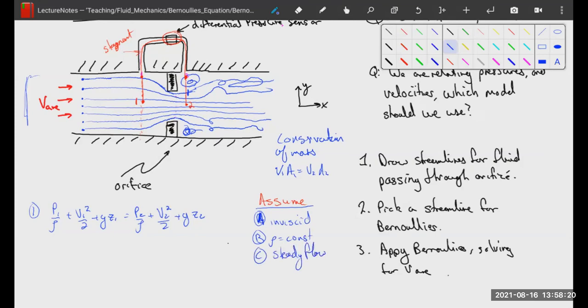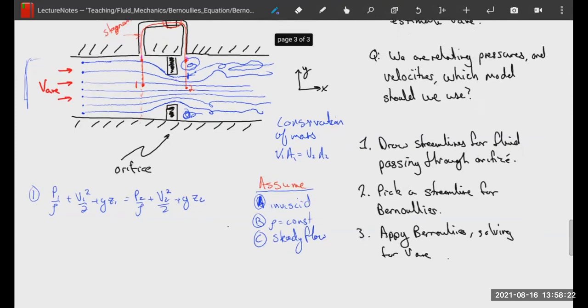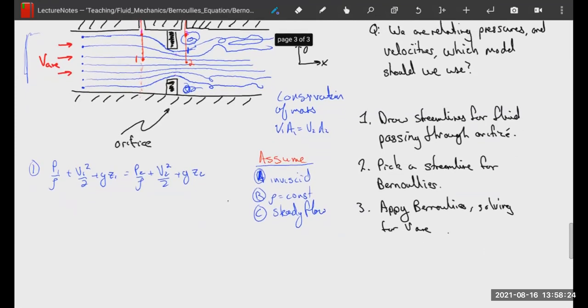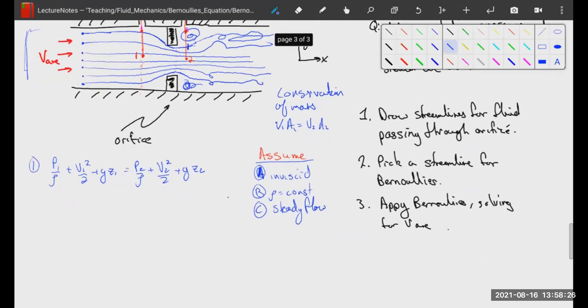Now we're going to have to assume one final assumption, which I said earlier, which is that the pressure in the pipe cross section is constant.